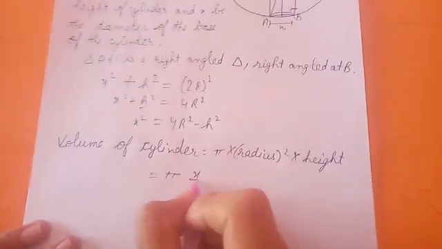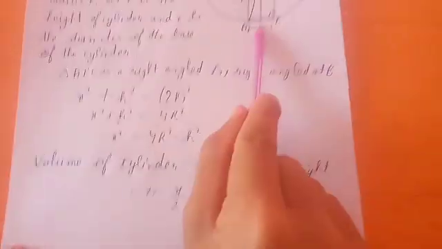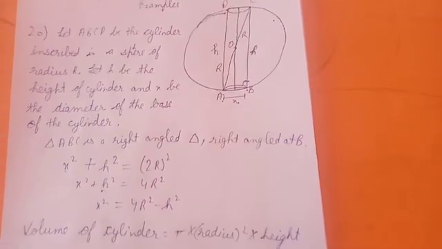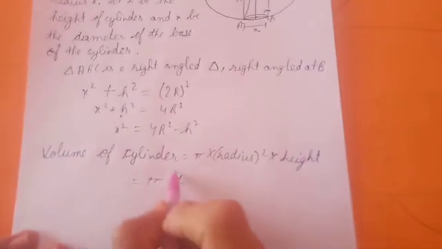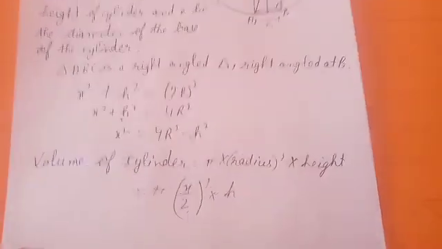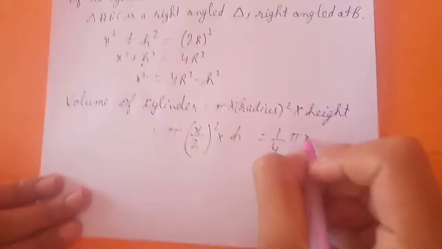Radius is x by 2. Why x by 2? Because the diameter given is of x length, and so its radius will be x by 2. So x by 2 whole square into height. So we can write 1 by 4 pi x square h.